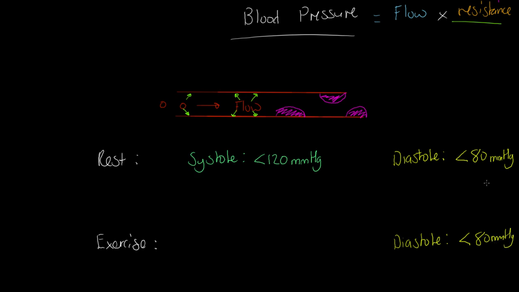So our diastolic value doesn't really change, but our systolic value will change from 120 or less than 120. It may go up as high as 180. Why? A little bit like I was saying before, we get this greater ejection from the heart itself, which increases the flow of blood through the circulatory system.